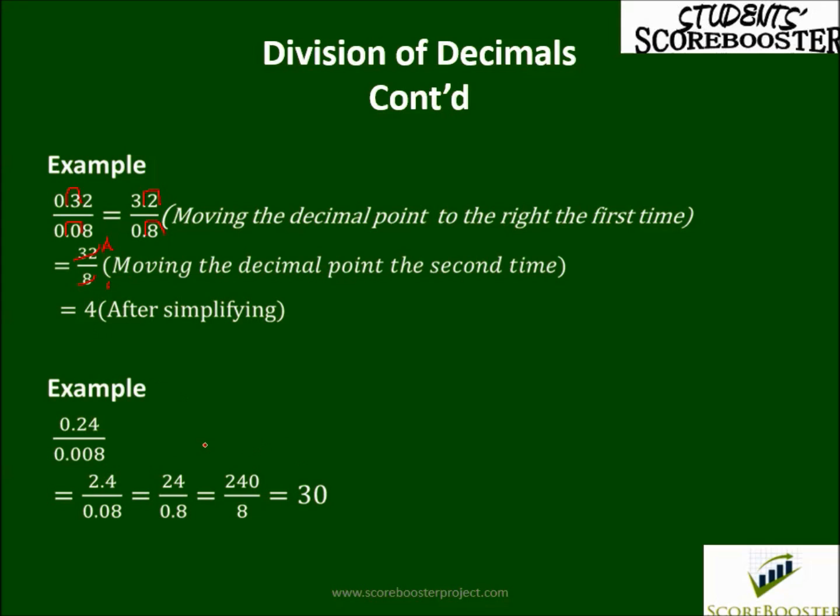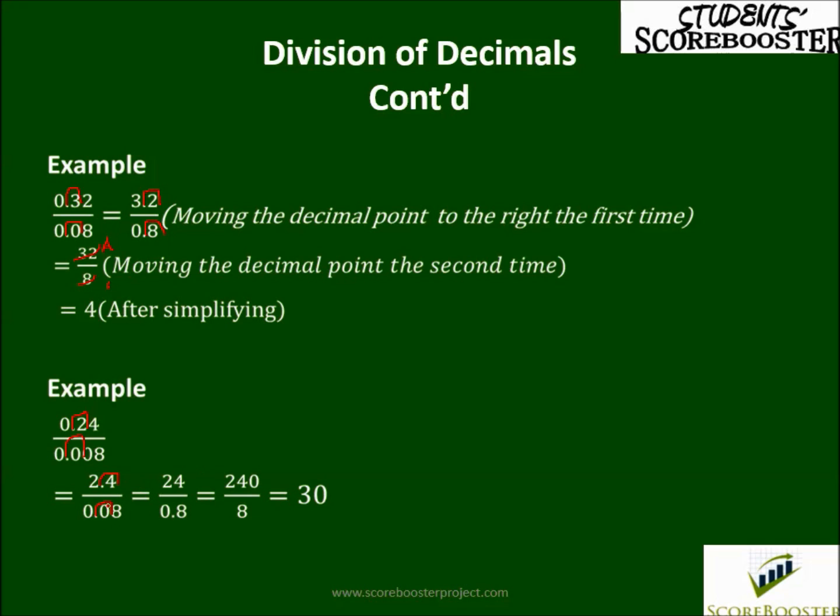Another example, 0.24 divided by 0.008. You move the decimal point to the right. The first time you have 2.4, and the denominator you have 0.08. Then moving the second time, you have 24, and here you have 0.8.